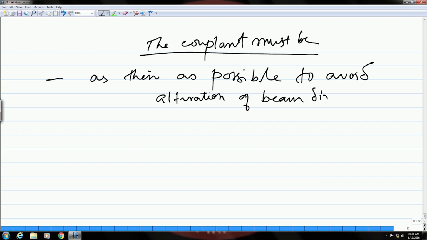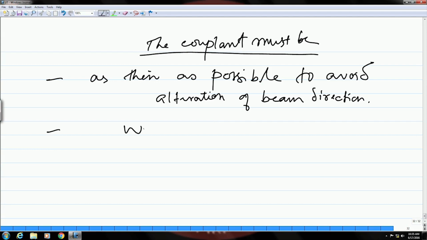Okay, if it is a thick layer, then that itself would act as a different medium, and due to the presence of a different medium, as we have seen before, these sound waves will change their direction. So, in order to avoid that, you need to ensure that this is applied as a very thin layer, so that the direction of the beam does not change when it is passing through the couplant layer.